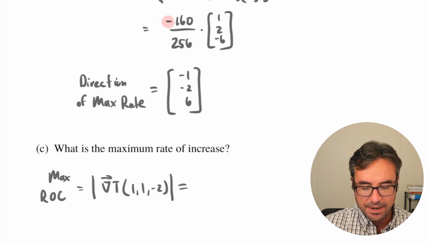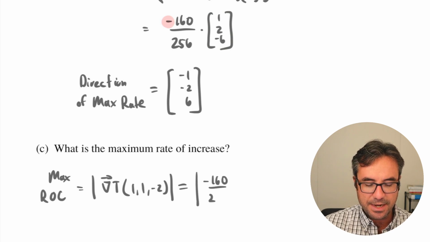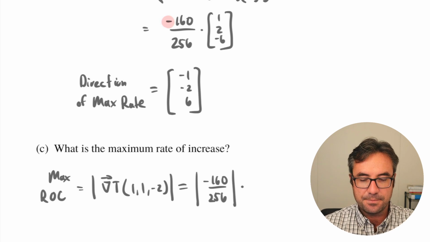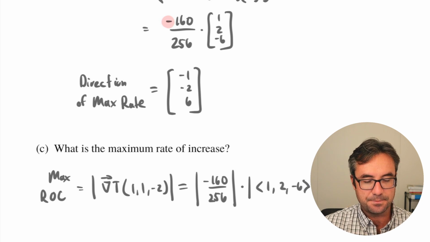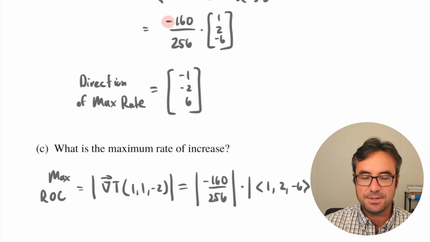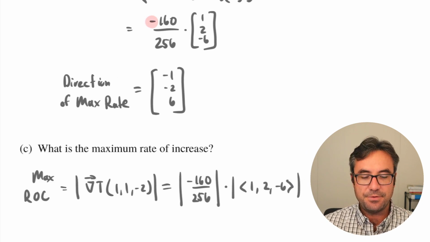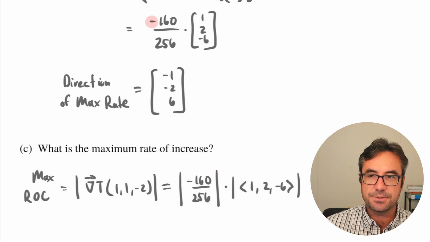So a way to think of this is we can do the absolute value of negative 160 over 256, and then multiply that by the length of the vector 1, 2, negative 6. Sometimes this might be a little easier if you're able to factor out those numbers.